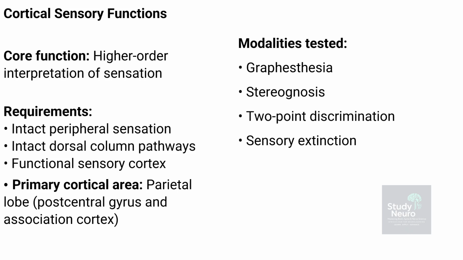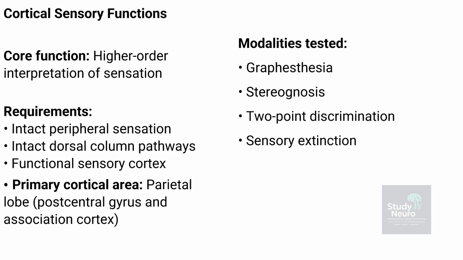Graphesthesia tests the ability to recognize writing traced on the skin, while stereognosis evaluates recognition of familiar objects placed in the hand with the eyes closed. Two-point discrimination assesses fine tactile acuity, and sensory extinction checks for the ability to perceive simultaneous bilateral stimuli.